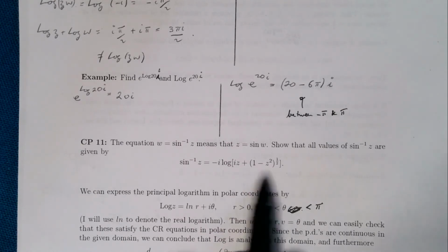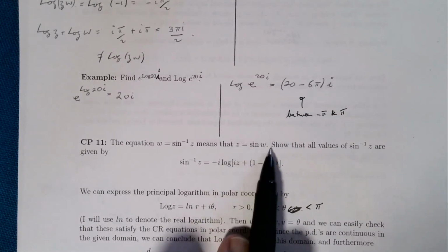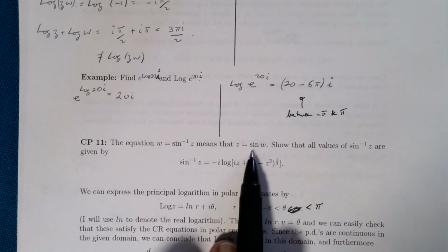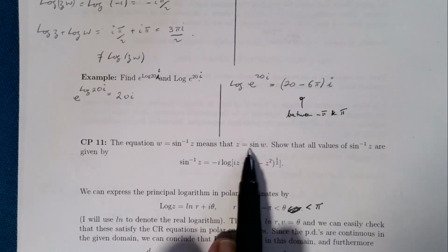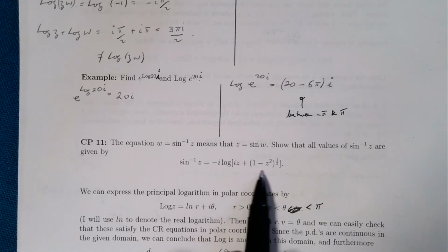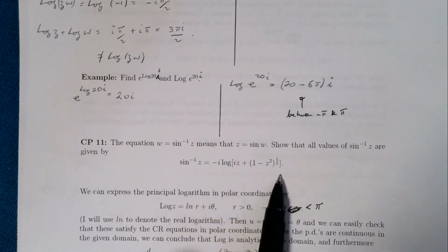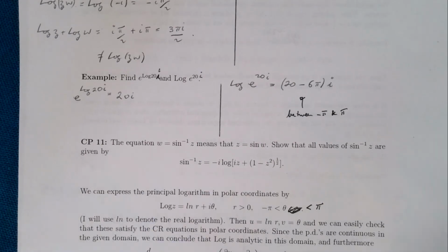And of course one can do this by simply writing this equation using exponentials, and you'll need to try and then solve for w, and when you solve for w you should find this comes out. You'll need to give some thought to pluses and minuses here. That's why it's a little challenge problem.